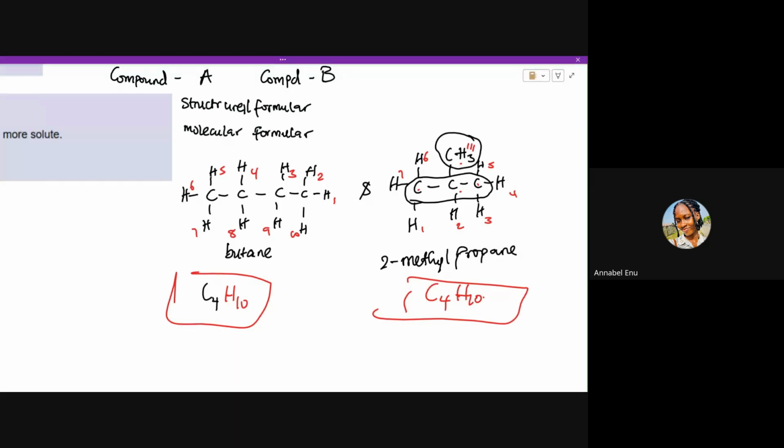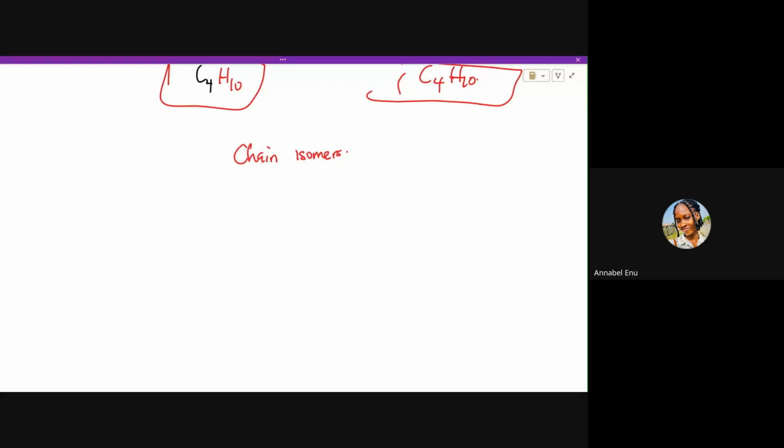Now there are different types of isomers. Take notes: the structures are different but the molecular formula is the same. For your level, we have chain isomers, which is the example I just gave. Another one is position isomers.